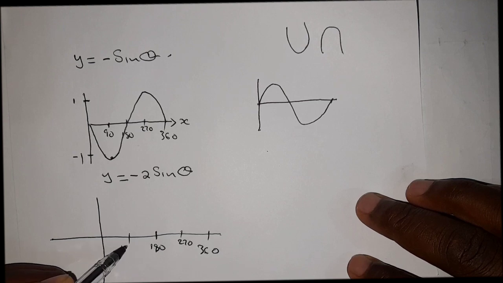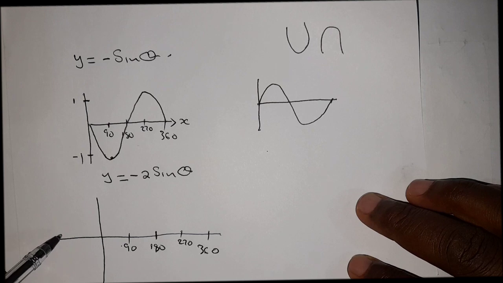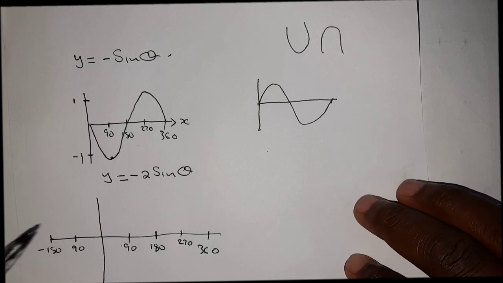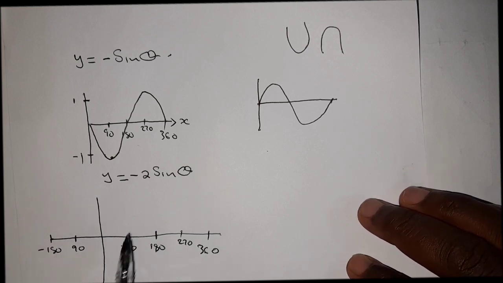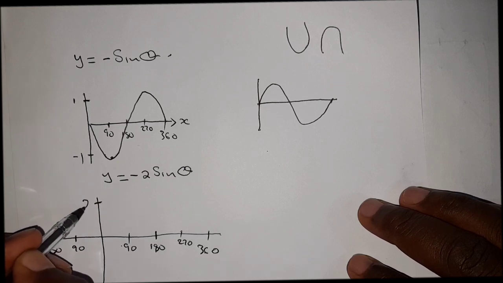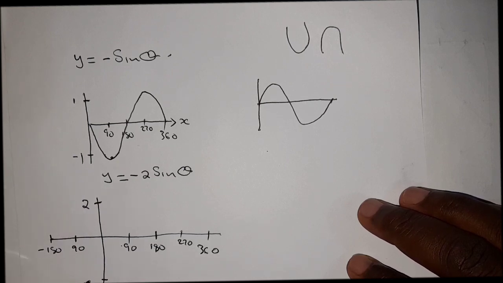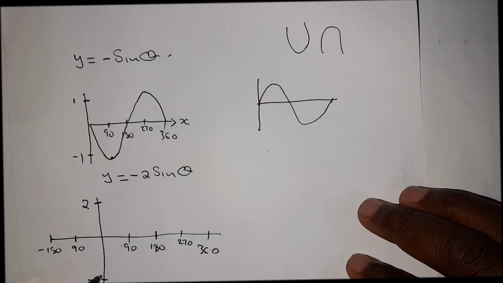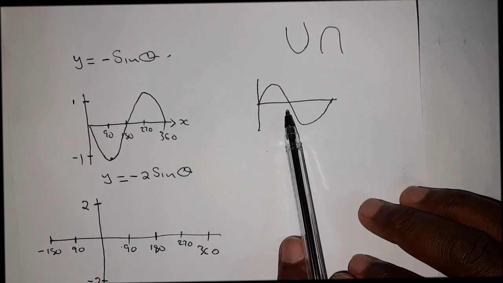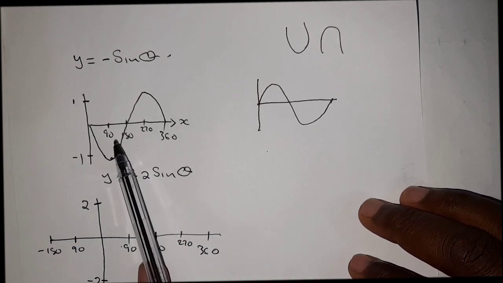This is 90, and I have a negative 180 here and a 90 here, and then our amplitude this time is 2, so it goes up to 2, goes down to negative 2, right? This is positive and this is negative.